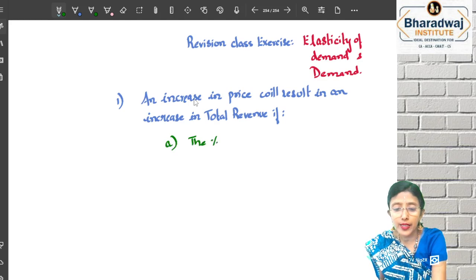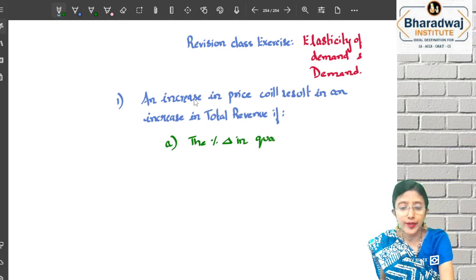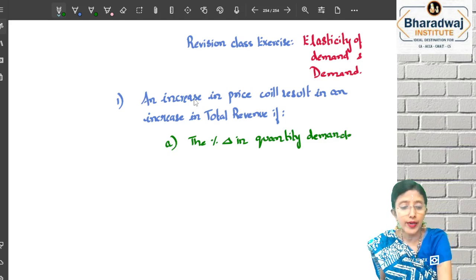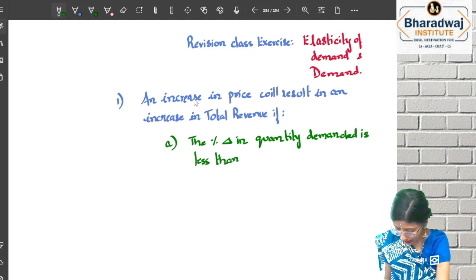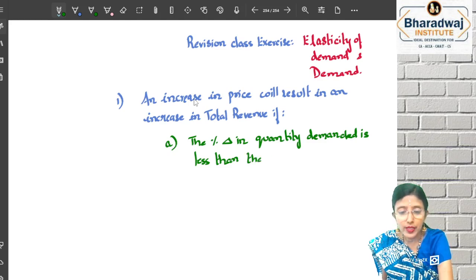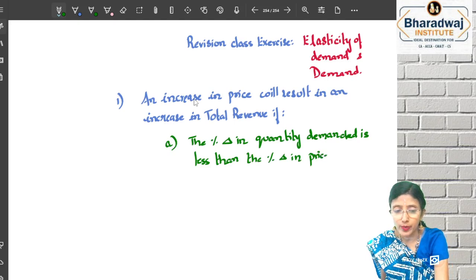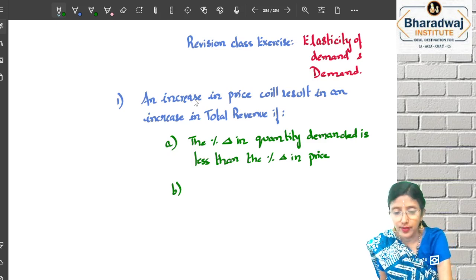The percentage change in quantity demanded is less than the percentage change in price. This is not a formulaic expression, my dear students. You have to analyze this case and answer.